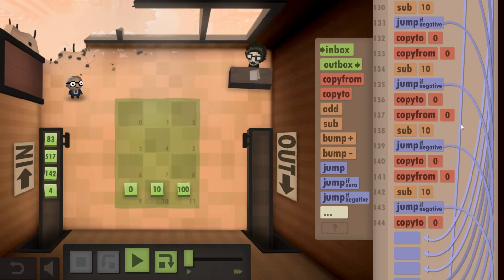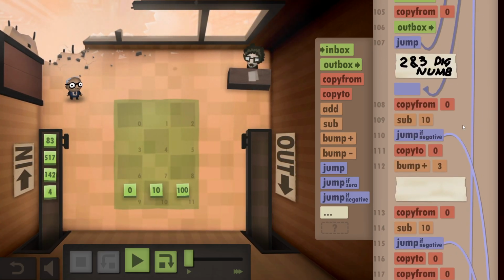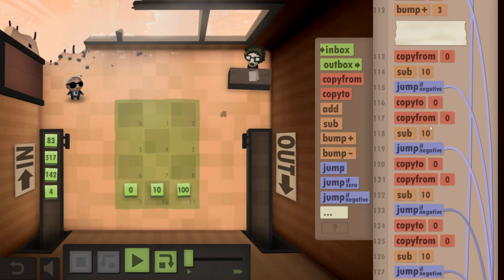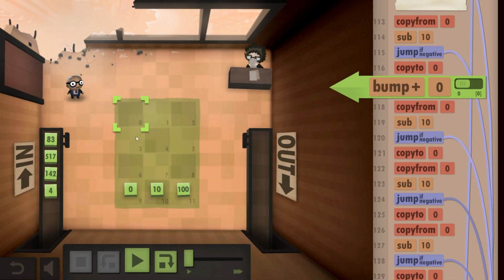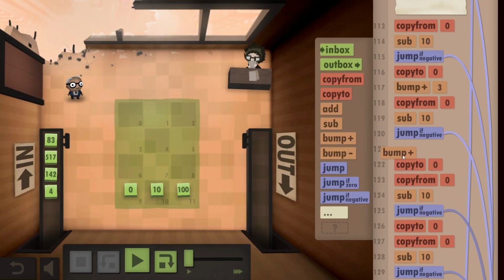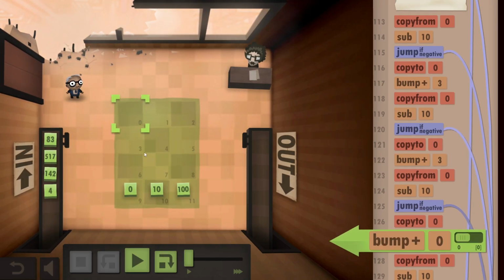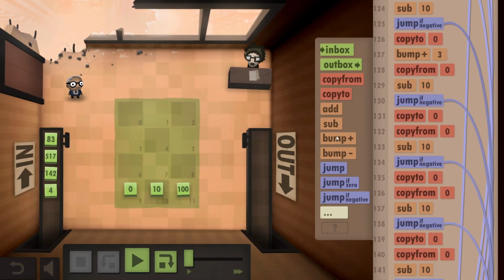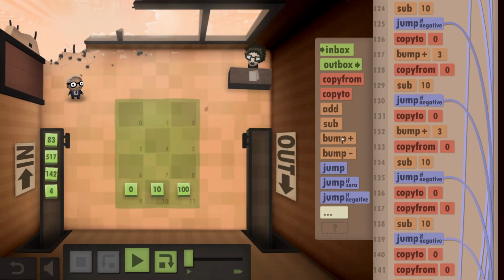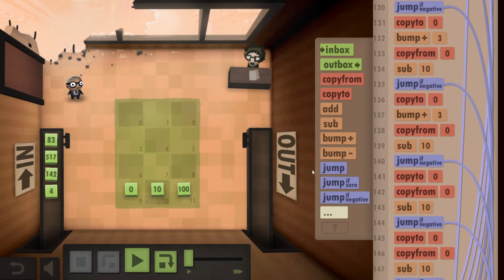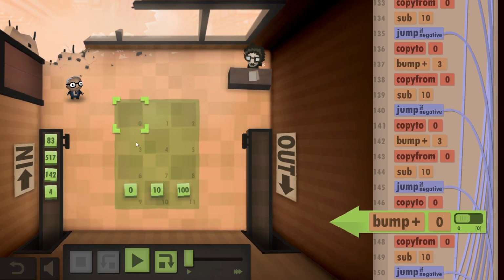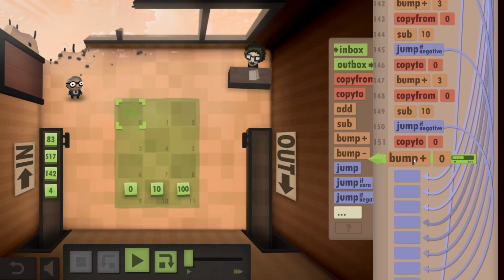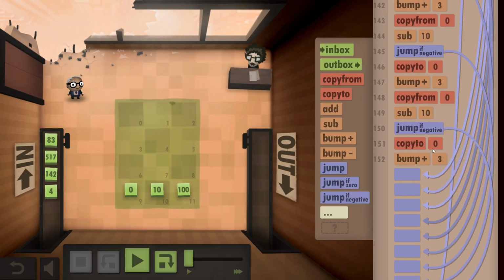And now we need to do bump 3 between each 2 reds or after each copy 2, which is more technical. And bump 3. Did I say bump 3? I think I did. Bump 3. Bump 3. And one more. Bump 3. That's it.